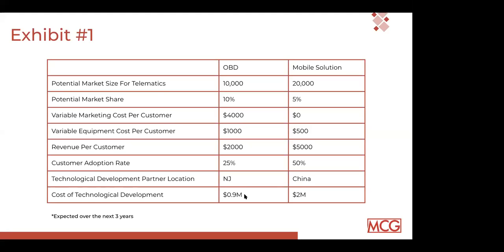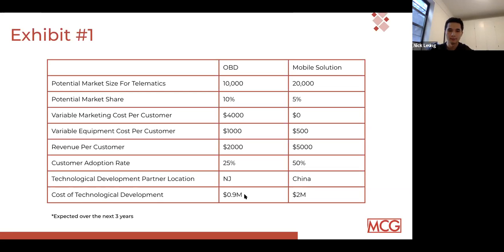Okay, cool, perfect. Really good job. You walked me through what each column was talking about. A few things I would change: first, say what the exhibit is talking about overall, like what you asked for. We see that we're comparing OBD and mobile solution across a bunch of different factors, and then you would go into each of the factors like you did.